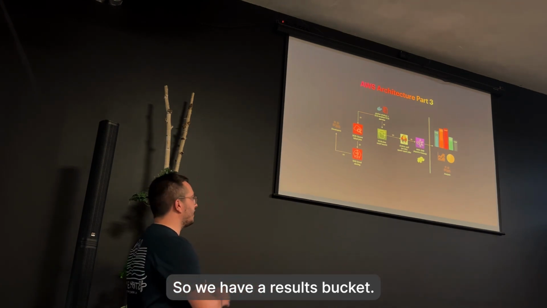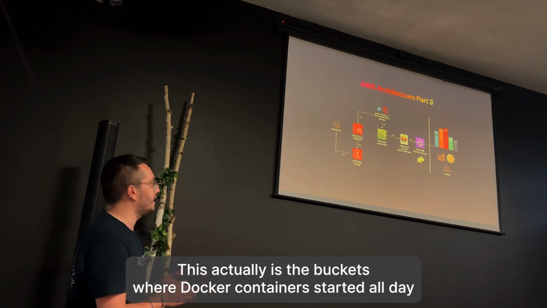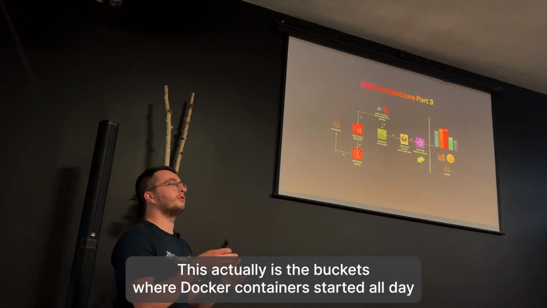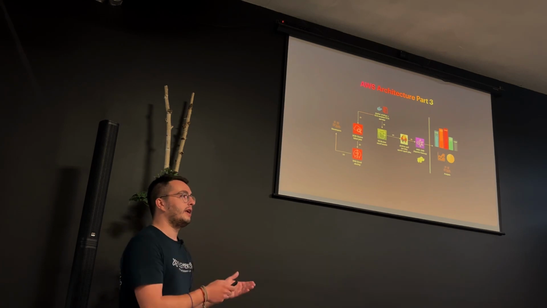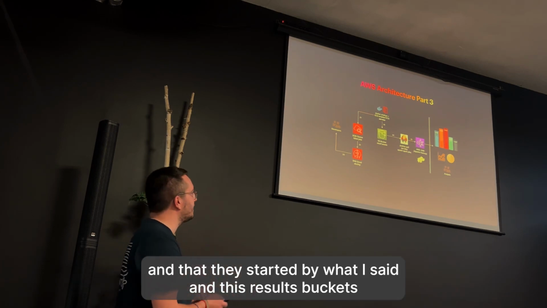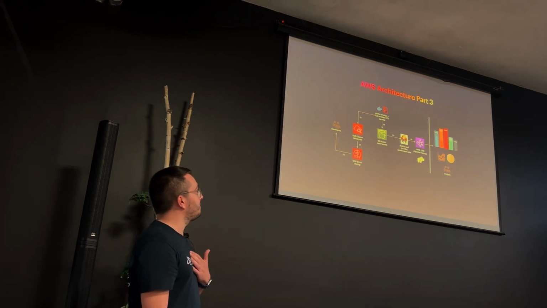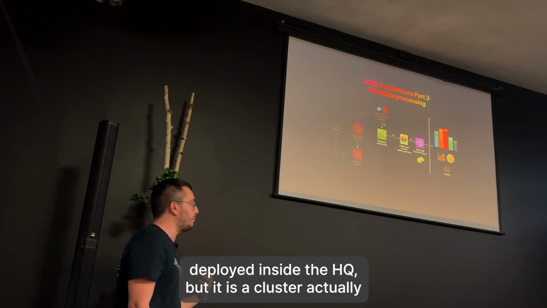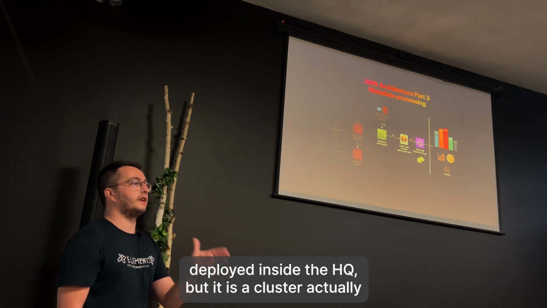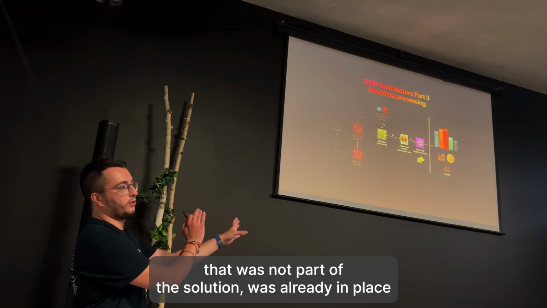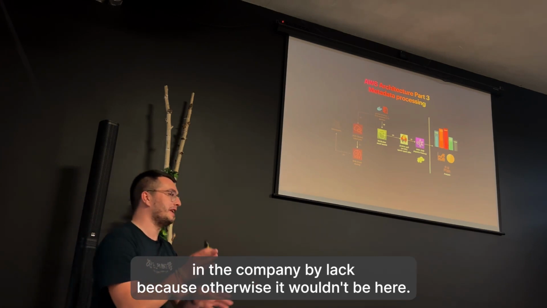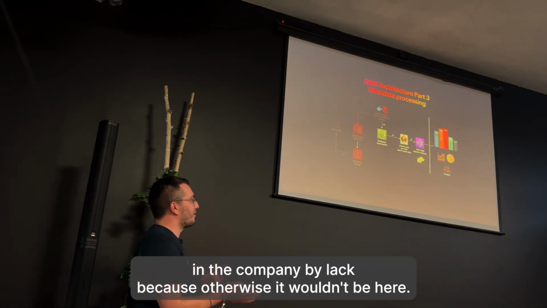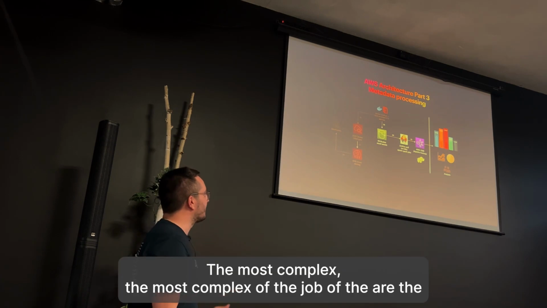So we have a results bucket, which is the bucket where Docker containers stored all the metadata extracted from our assets. And this results bucket was at the disposal of a Jenkins as a service deployed inside a Kubernetes cluster, which was not part of this solution, it was already in place in the company by luck, because otherwise it would be the most complex job in the world.